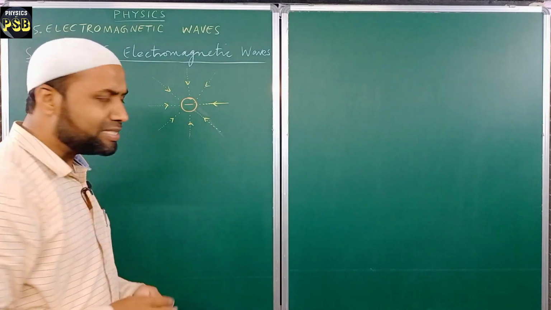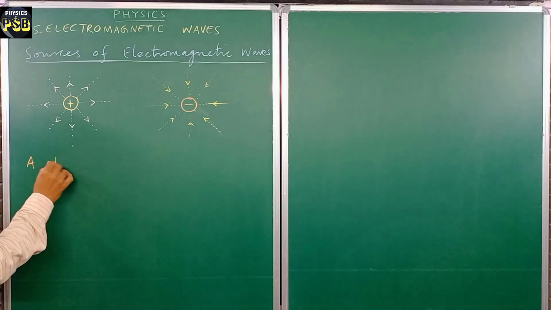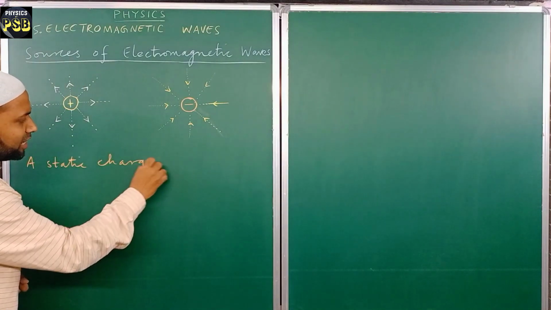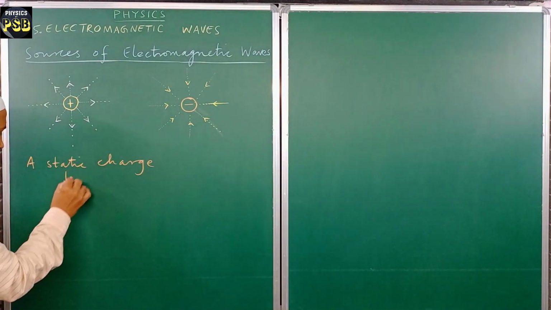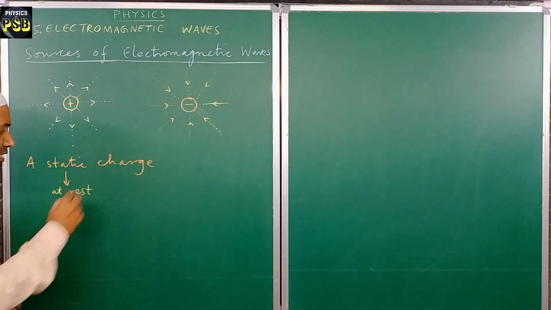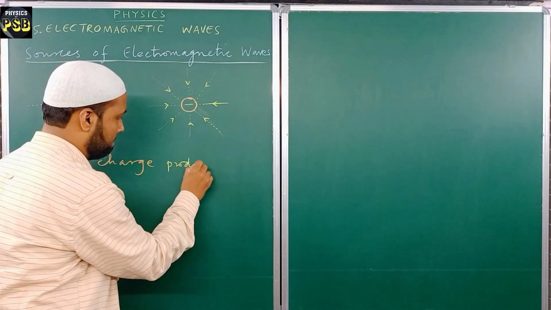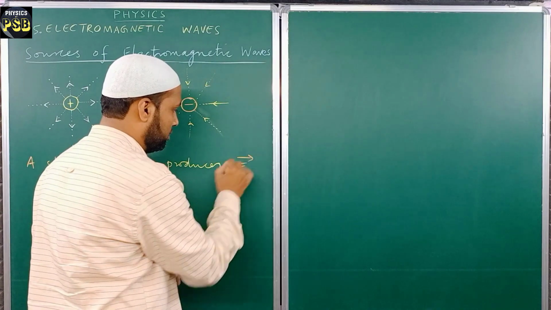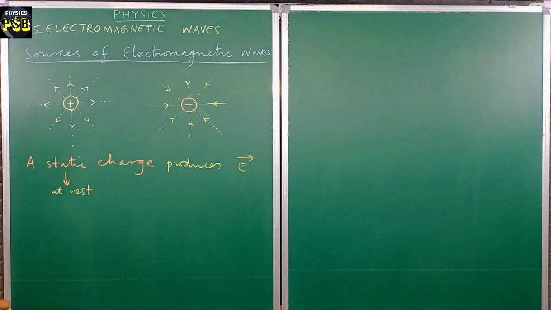So from this it is clear that a static charge, static meaning at rest, produces an electric field. This is quite clear from these two diagrams.